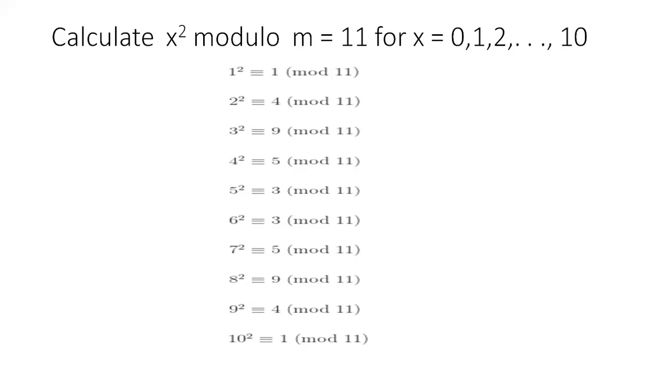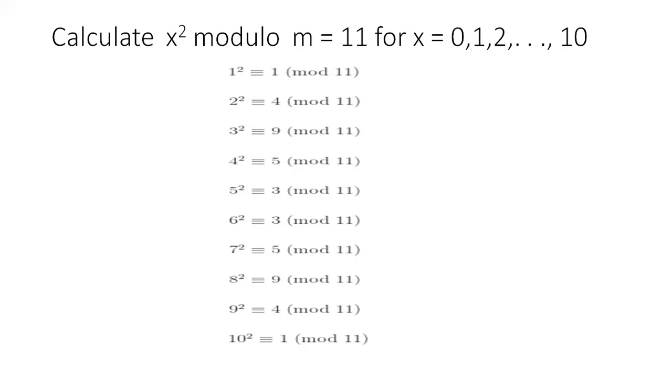When x becomes 1, 1 square is 1, and 1 modulo 11 is 1 only.